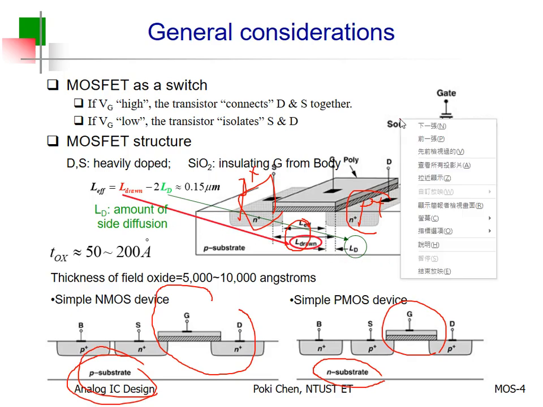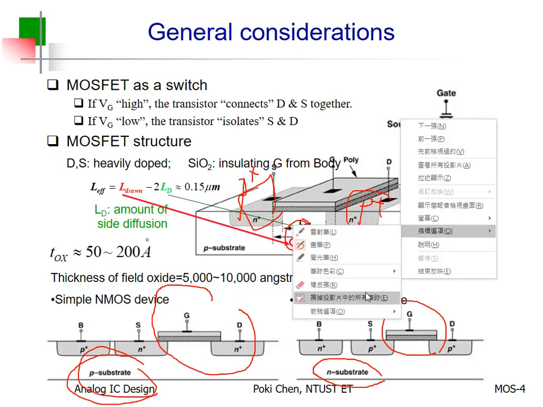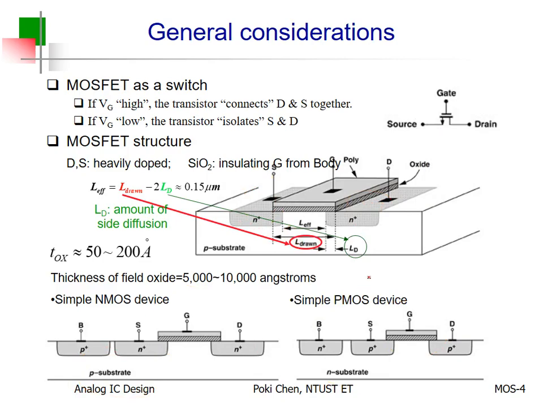Also for fabrication, as I mentioned last semester, we have two kinds of fabrication for N+ or P+ doping. Usually in the past we had diffusion, but right now most of them are doped by implantation.